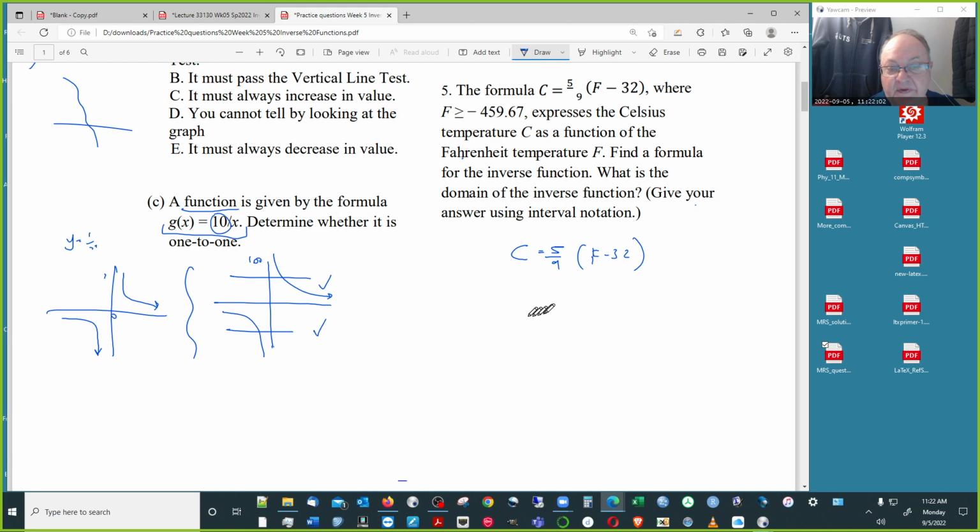You could just multiply out, and then yeah.